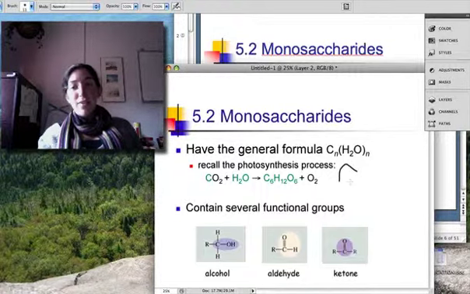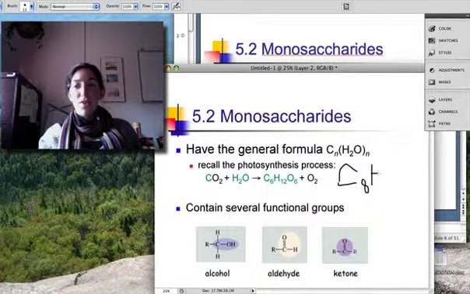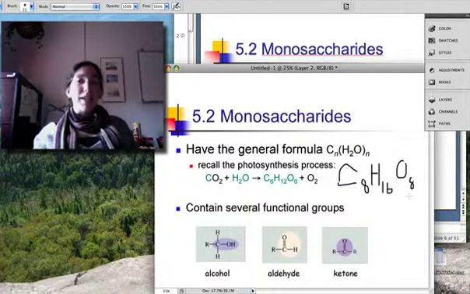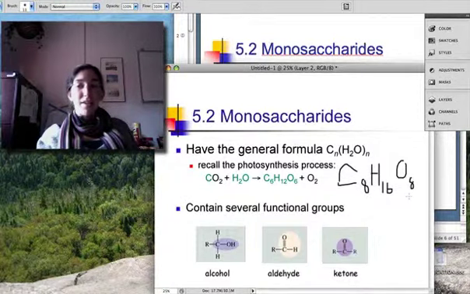Our N is 8, so it would be C8, H is 2 times N, 2 times 8 is 16, and O to the N would be 8. So there's a pattern. So this would be a carbohydrate, C8H16O8, okay?